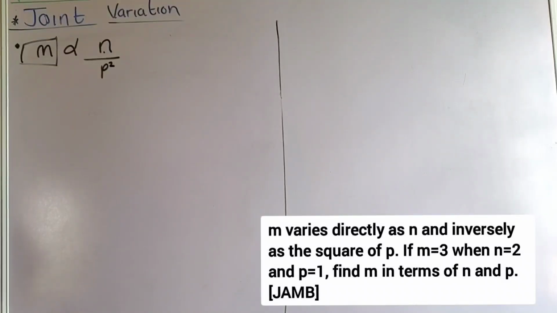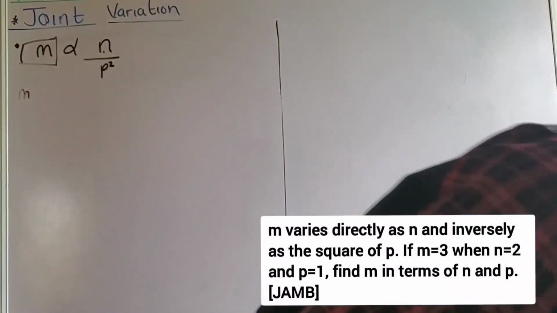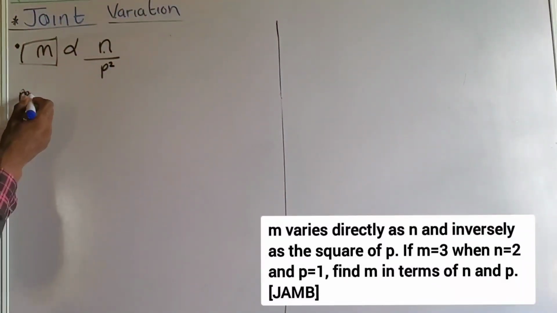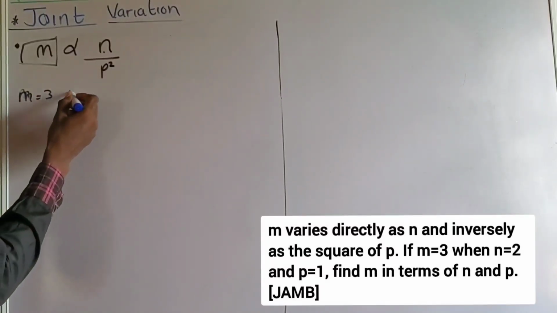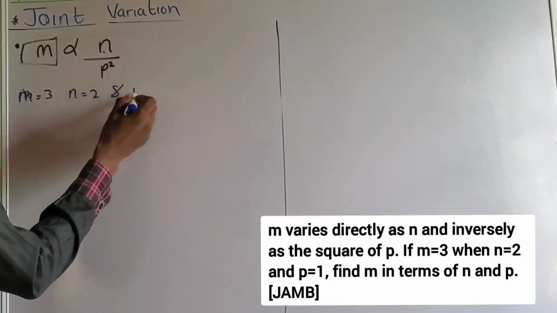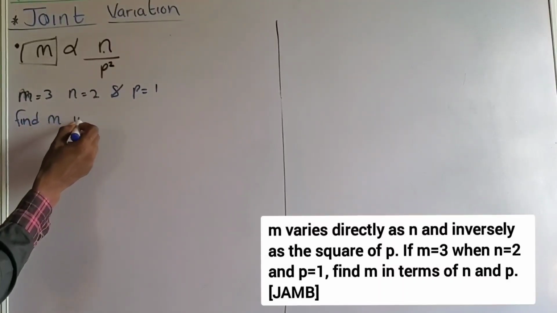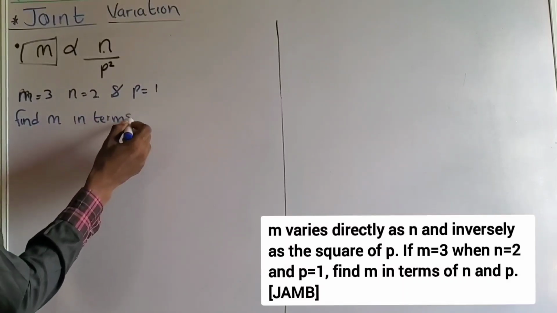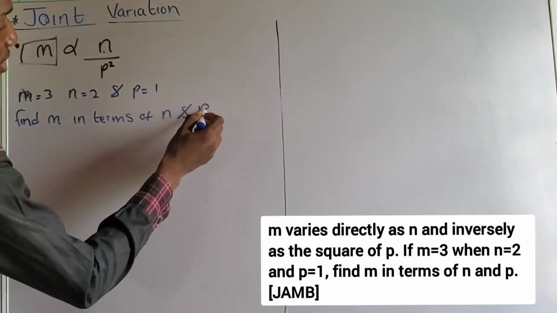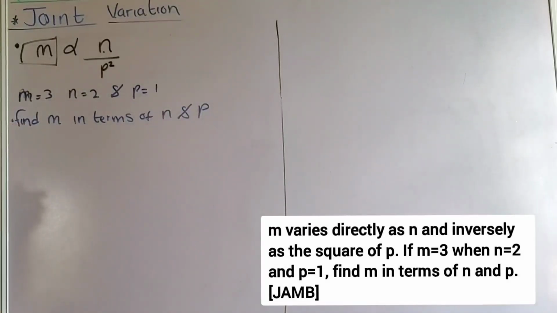Okay, so now let us proceed with the question. We are given that m is equal to 3, where n is equal to 2 and p is equal to 1, and we are asked to find m in terms of n and p.